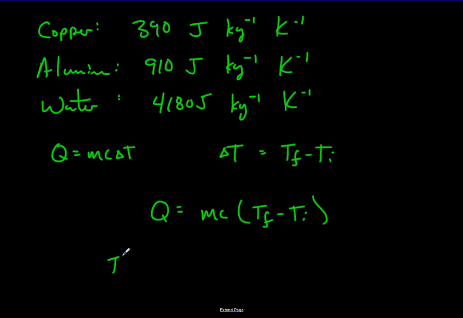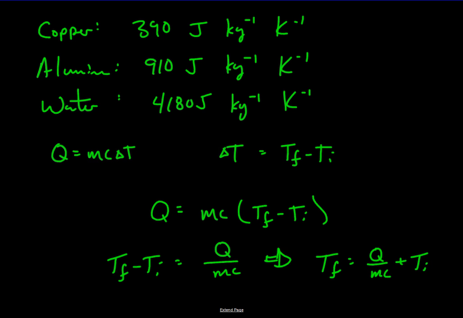Right, so we could say then that TF minus TI equals Q over MC. And then that would just rearrange to be the final temperature equals whatever our value here is plus whatever our initial temperature was. Okay.